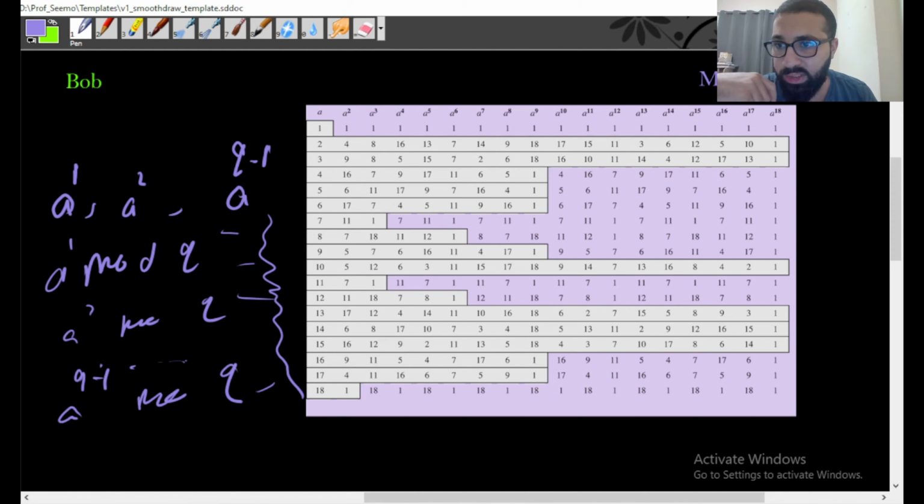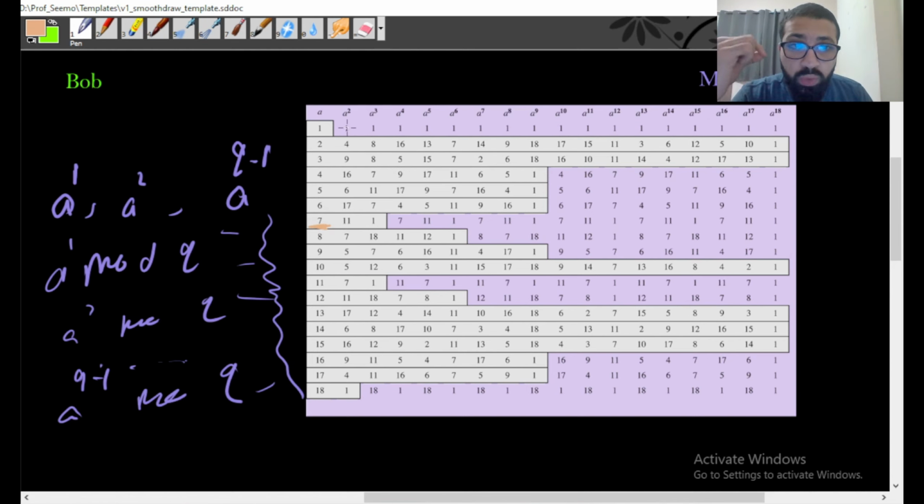According to this table, for example, let's take A as 7 and Q as 19. A to the power of 1 mod 19 is 7.